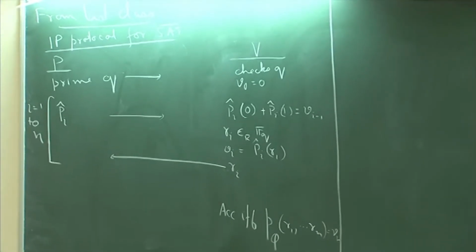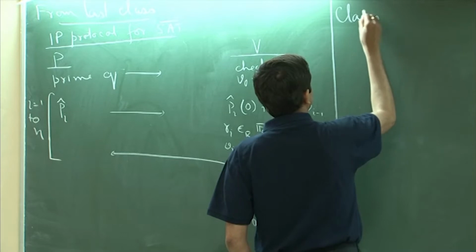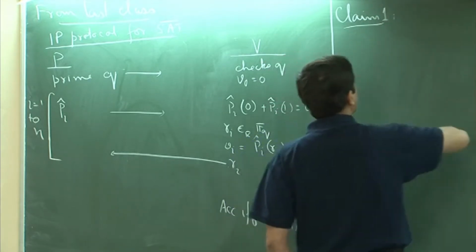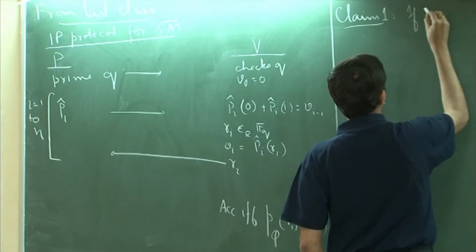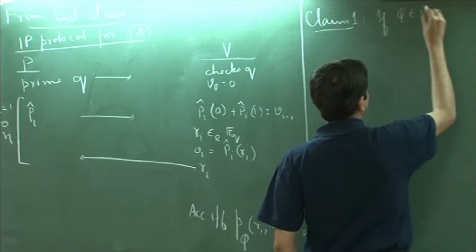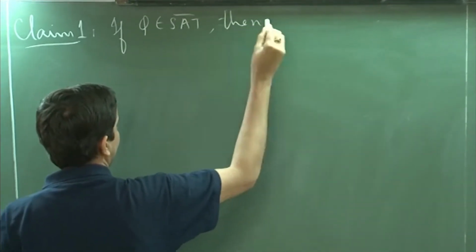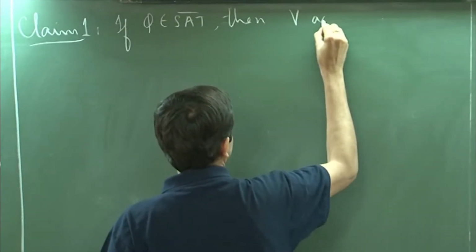Okay, and we also claimed last time that if phi is not satisfiable, then V always accepts.